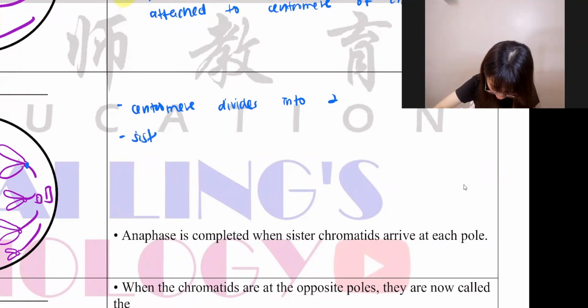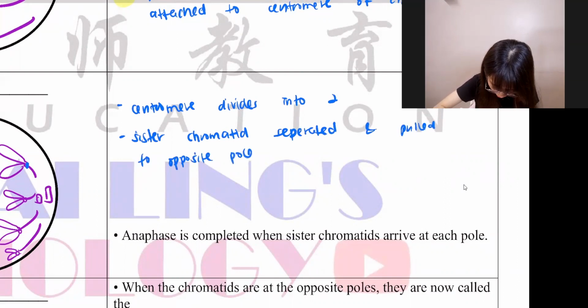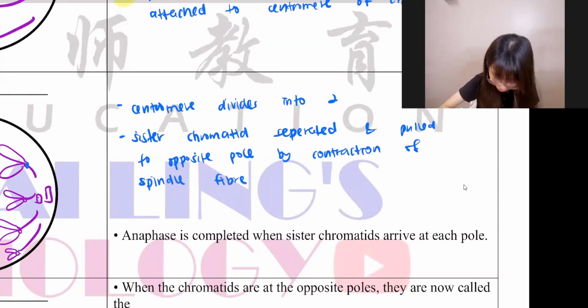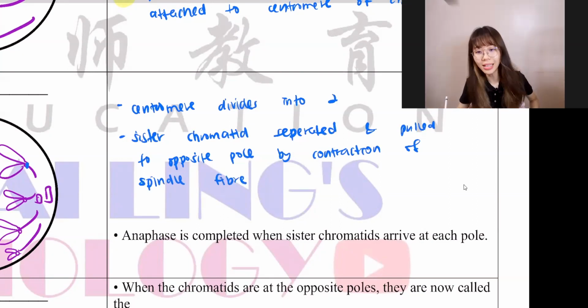Okay, the sister chromatid separated and pulled to opposite pole by contraction of spindle fiber. Okay, so this is the answer that we have to write.